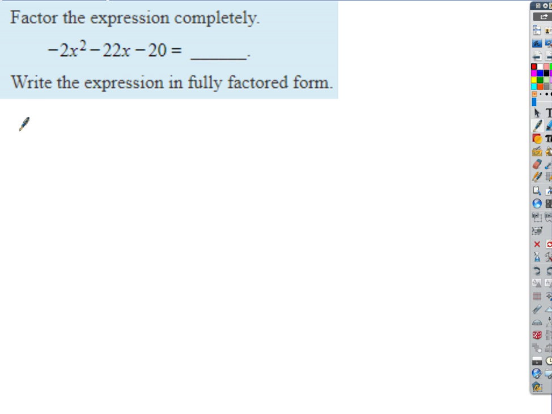So the GCF is negative 2. Here's the reason for that. Listen to this very closely so you can file this one away in your brain. When I write a quadratic expression like this in standard form, it's always going to look like some number, call it a, times x squared, plus some number times x, we'll call that b, plus some constant called c.